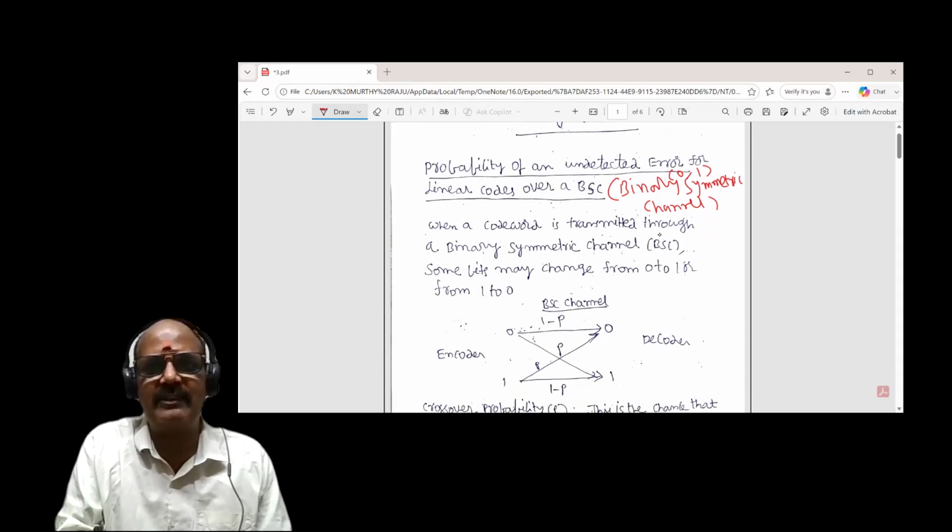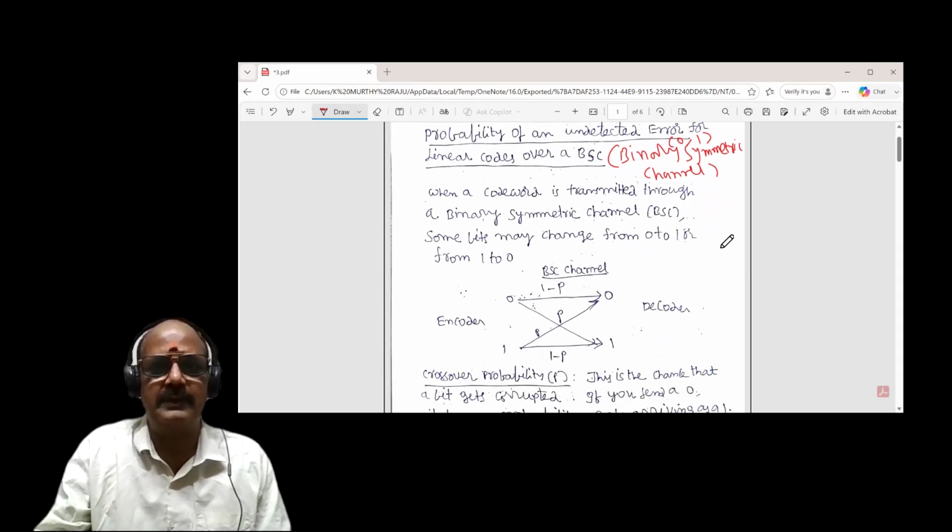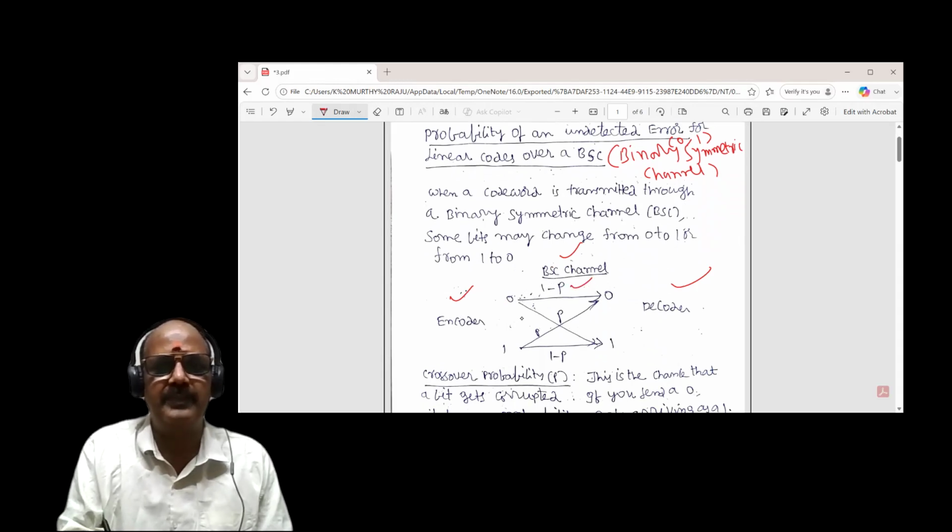When a code word is transmitted through a binary symmetric channel, some bits may change from 0 to 1 or from 1 to 0. This is the encoder, the transmitting side, the decoder, the receiver side, and the binary symmetric channel. From the encoder, 0 is transmitted and 0 is received correctly with a probability 1 minus p.